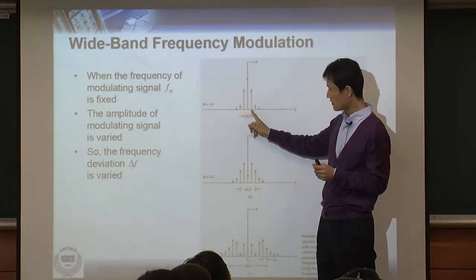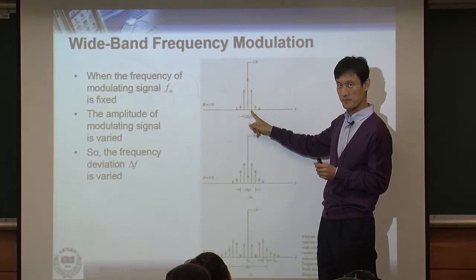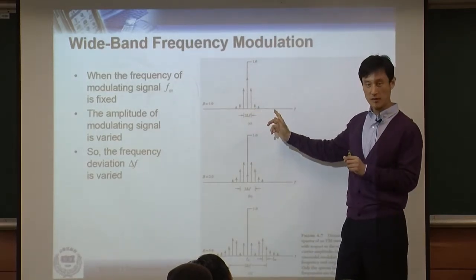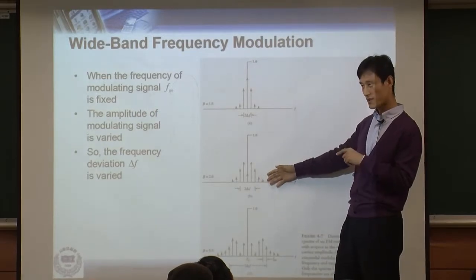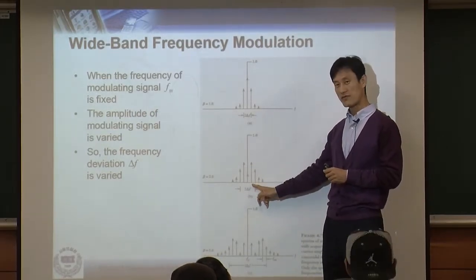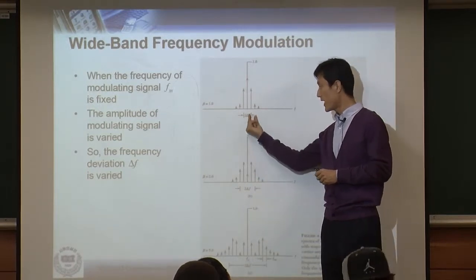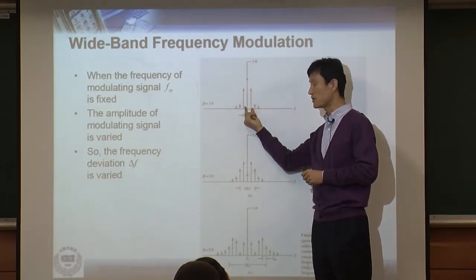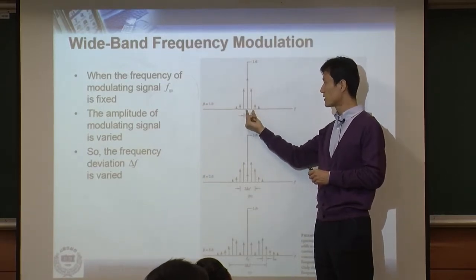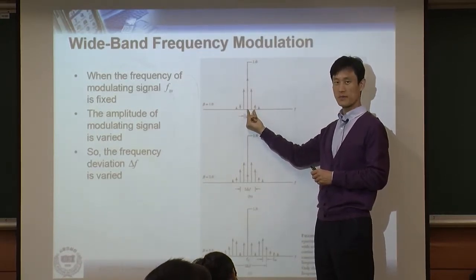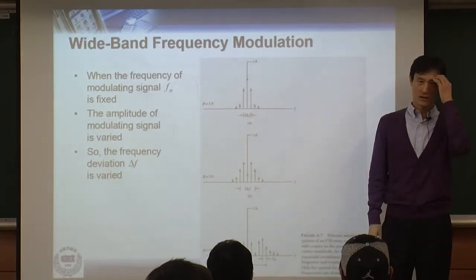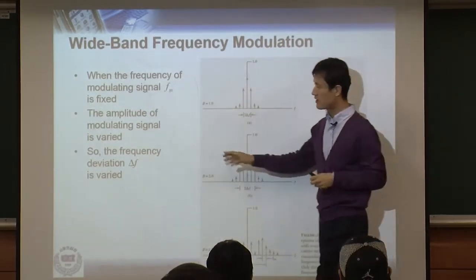And the next one, Fc plus Fm. Fc plus 2Fm. Something like this, right? Same thing for the second figure. The middle one is always Fc. Next one is Fc plus Fm. So the gap between the two different arrows, two different impulse functions, this gap is Fm. And you see that this gap and this gap are all the same, right? Which means that Fm is constant.